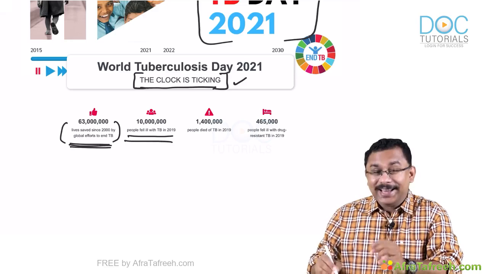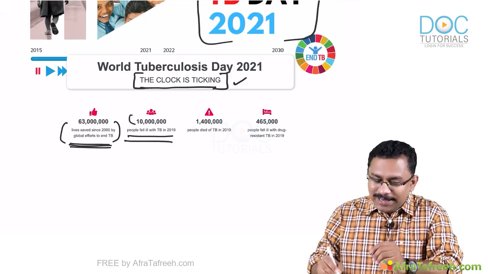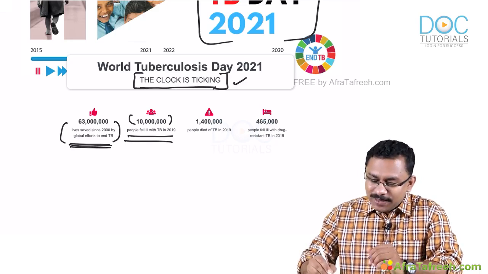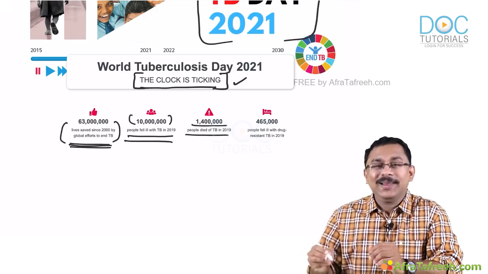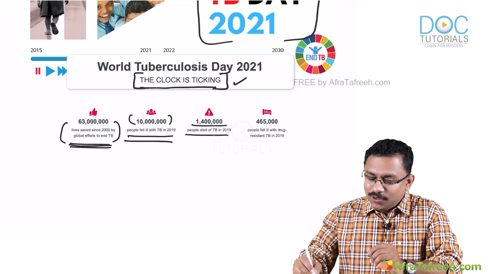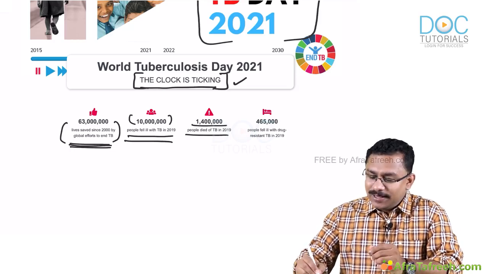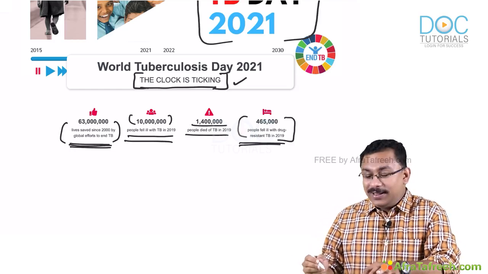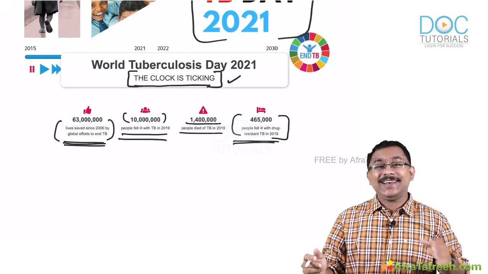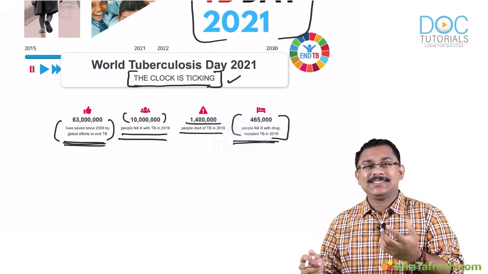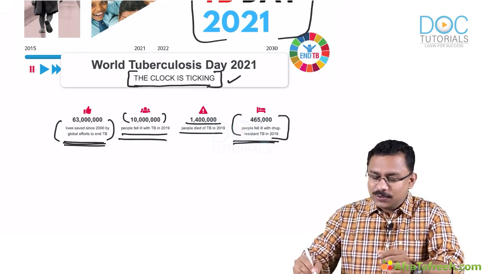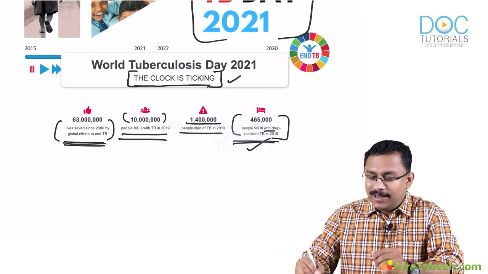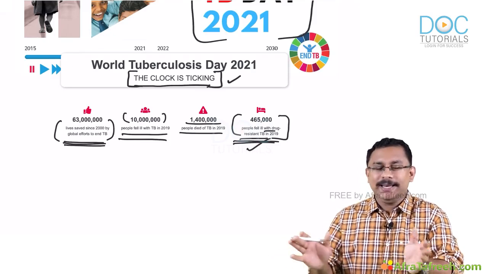And in 2019 alone, 10 million people fell ill with tuberculosis, and 1.4 million died with tuberculosis, and 4,65,000 people fell ill with drug resistant tuberculosis. That again is a major challenge, the drug resistant tuberculosis. So 4,65,000 contracted drug resistant TB in 2019.